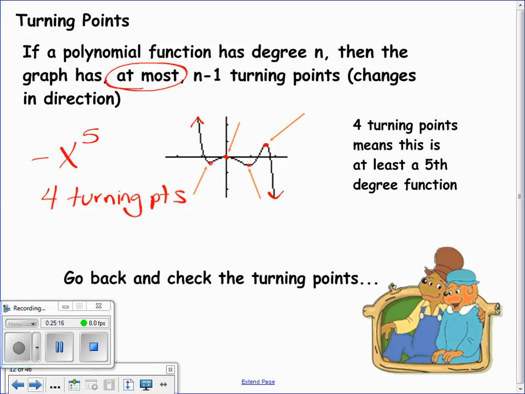Did your negative x to the fifth have 4 turning points on it? No. It could have 4 turning points or less. Right. It would have to have at least 1. Okay. Does that make sense, though? It could have 4 or less. We recognize that.